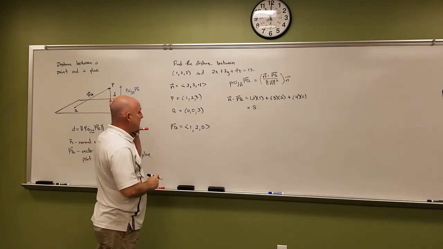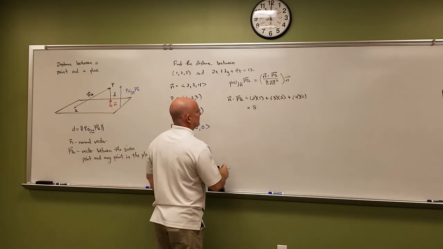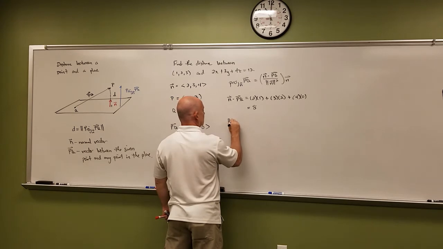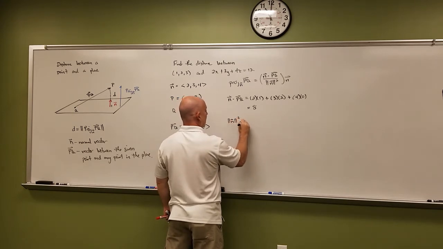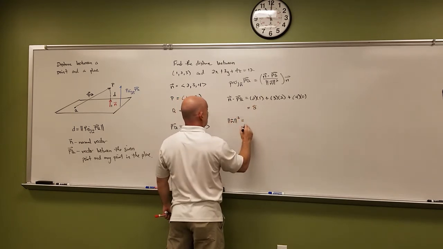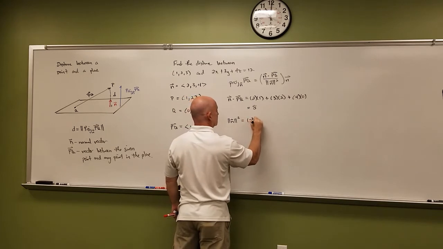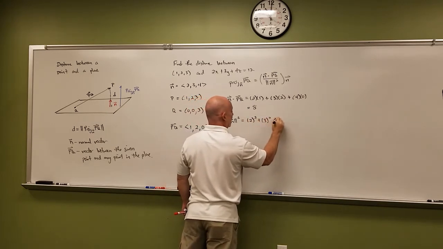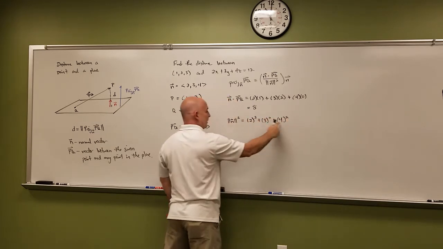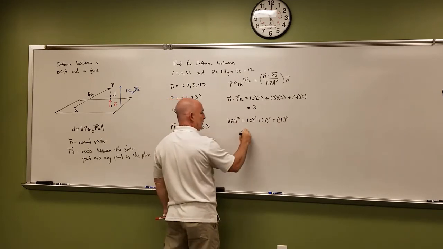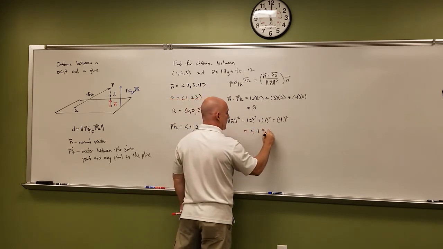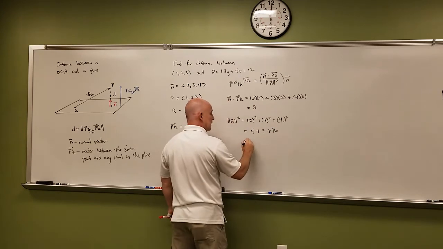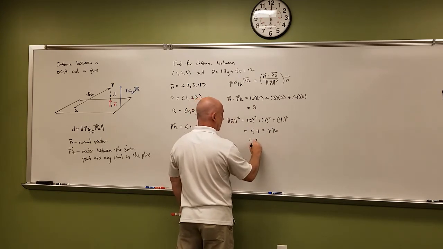I also need the magnitude of N. So the magnitude of N squared, that's what we need right there, is just going to be 2 squared plus 3 squared plus 4 squared. Remember, we're not taking the square root because this is squared. So that's 4 plus 9 plus 16. What's that? 29.